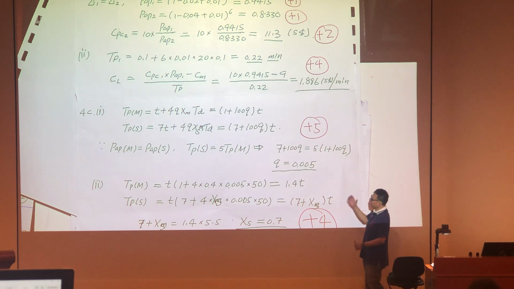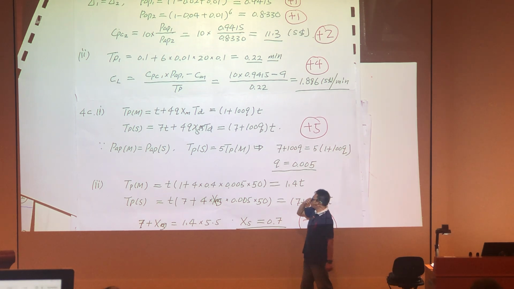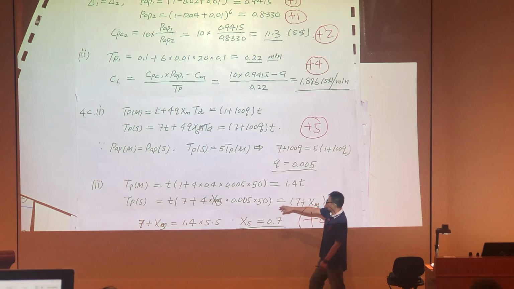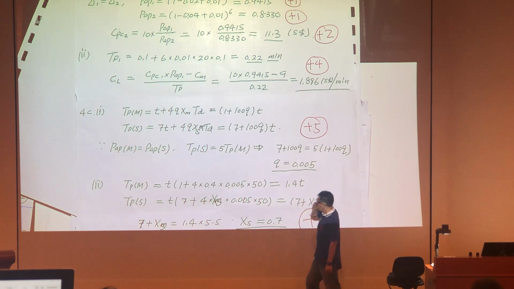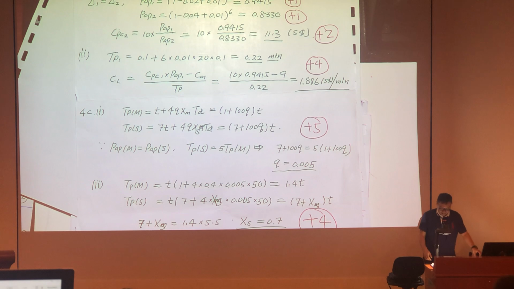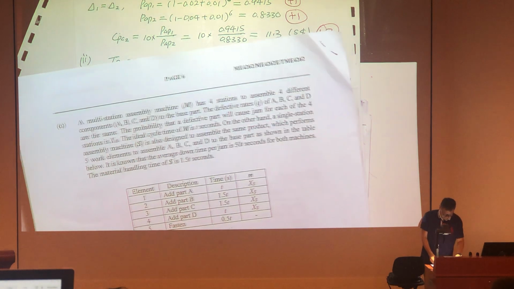By using the new M values for multi-station and single station. This one is unknown. So once you have this relationship, then you can solve to obtain XS, or XS equals to 0.7.